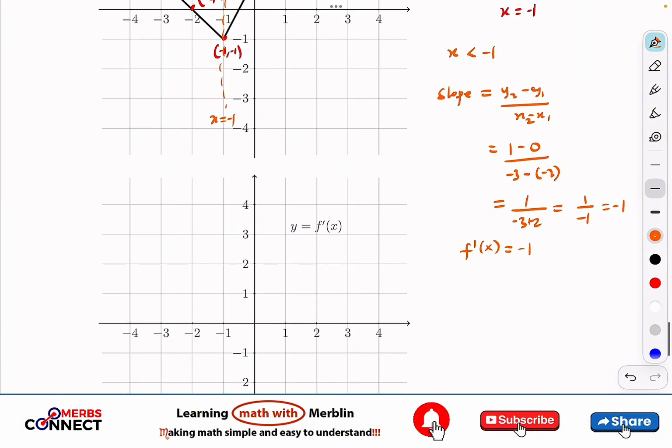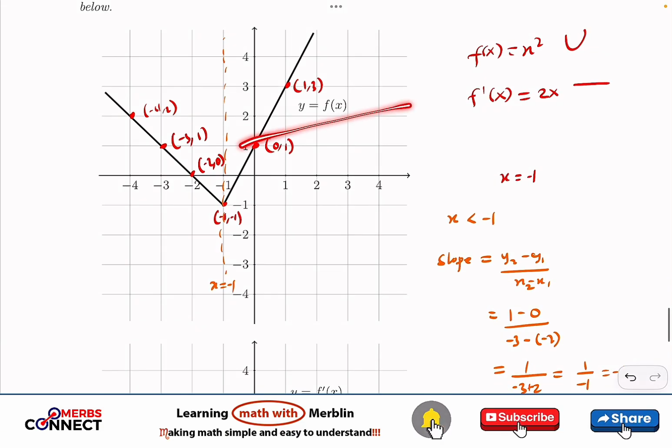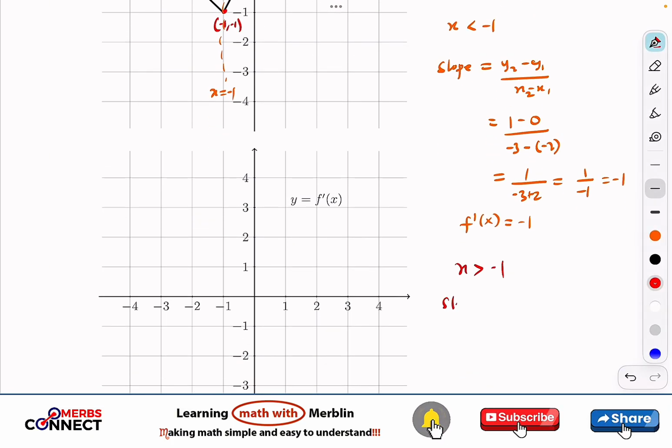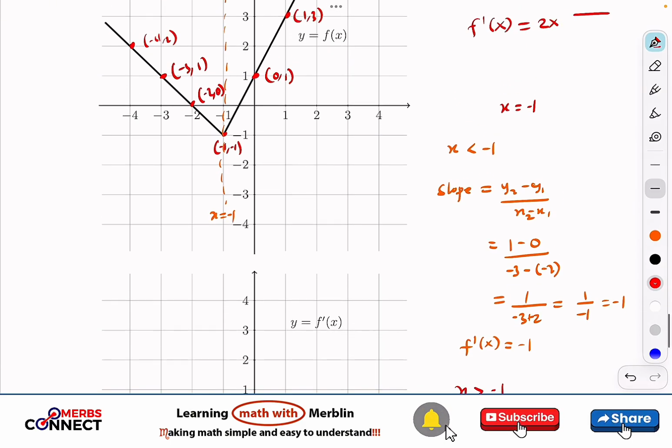Now we can also look at when x is greater than -1. When x is greater than -1, we are looking at this side. So we can pick these 2 points to find the slope. The points are (0, 1) and (1, 3).